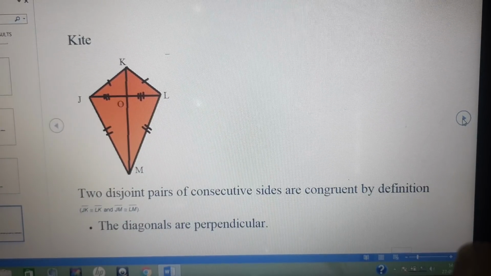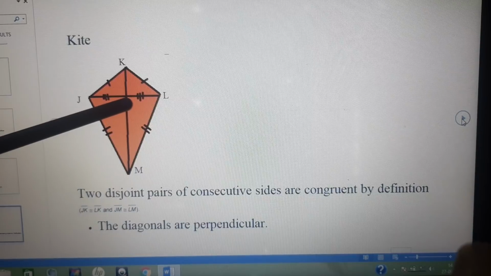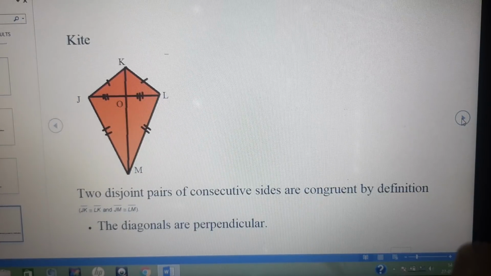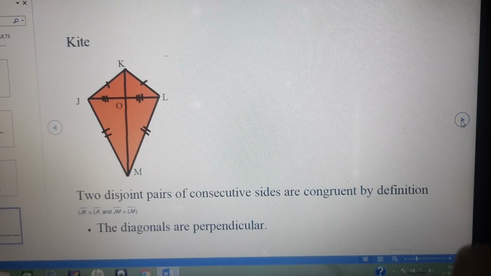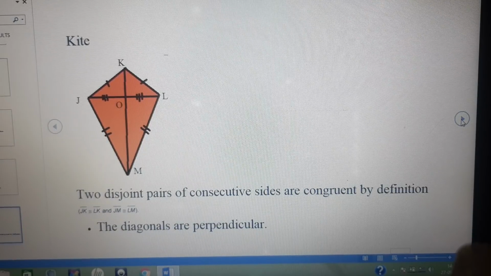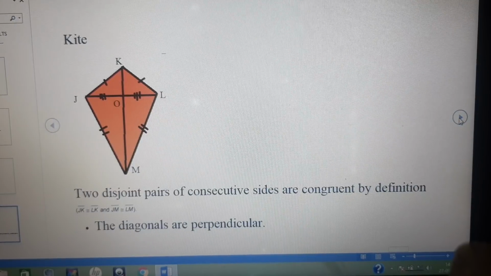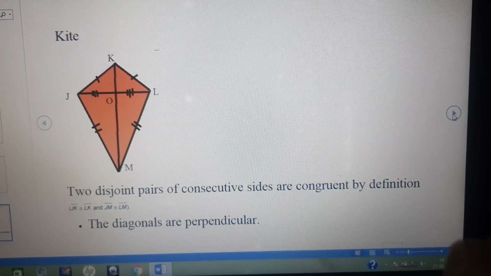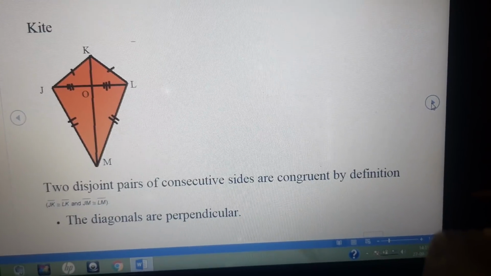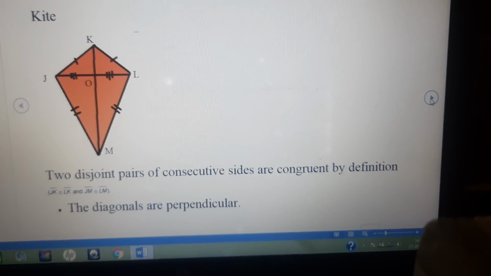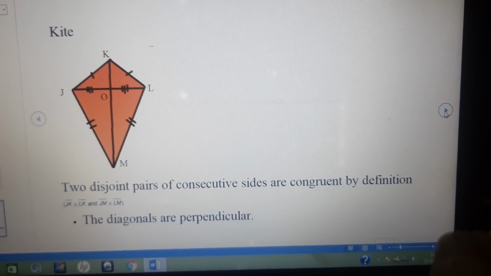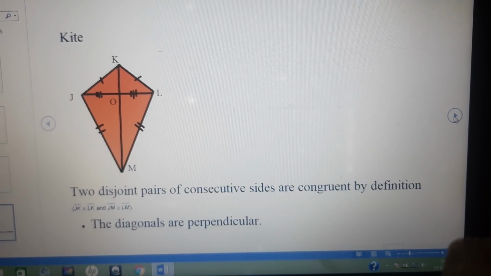And KO is perpendicular. So OJ and OL will become equal, because in an isosceles triangle, if we drop a perpendicular from vertex to the unequal base, then it bisects the base. That is why JO will be equal to OL. Are you getting it? Fine.